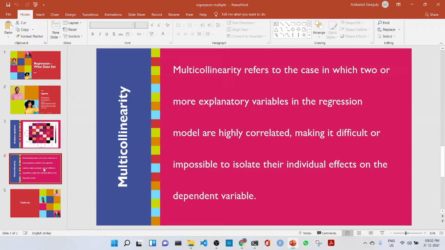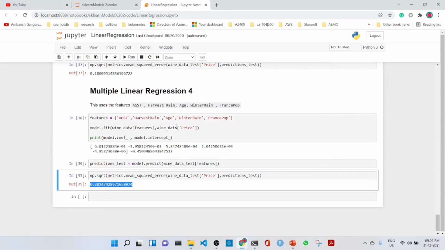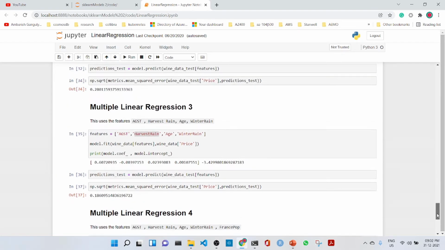The lower the root mean square error, the better is the prediction capacity of the model. Therefore, we must not include the France population in the regression model and have only these four variables which we have shown: the AGST, harvest rain, age, and winter rain.